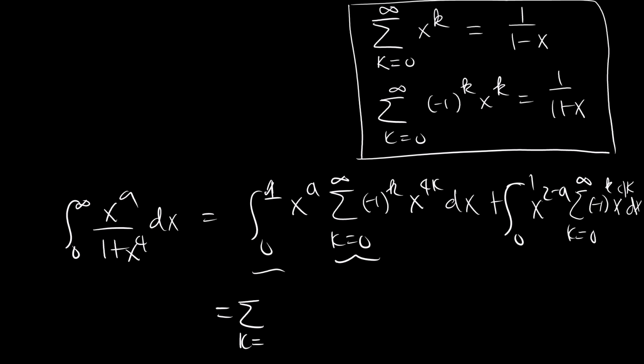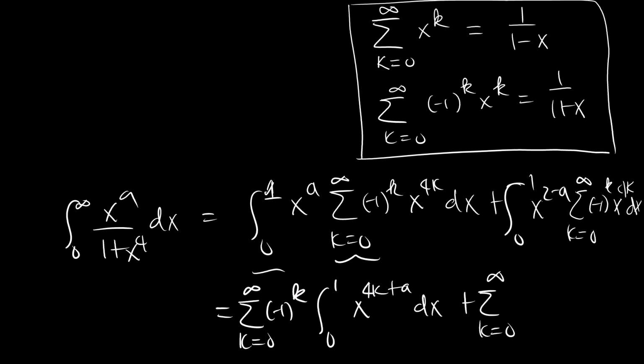So we have k from 0 to infinity, negative 1 to the k, integrate from 0 to 1 x to the power 4k plus a, and then plus the sum from k equals 0 to infinity, negative 1 to the k, integrate from 0 to 1 x to the power 4k plus 2 minus a.